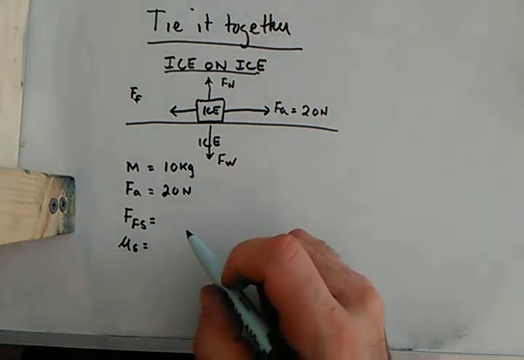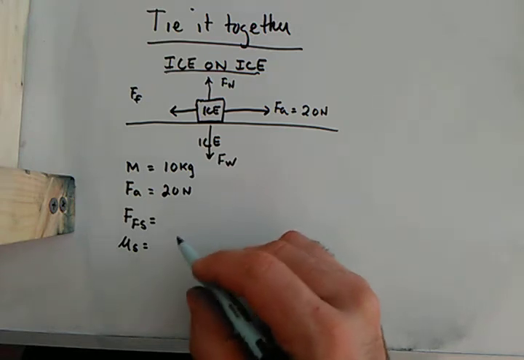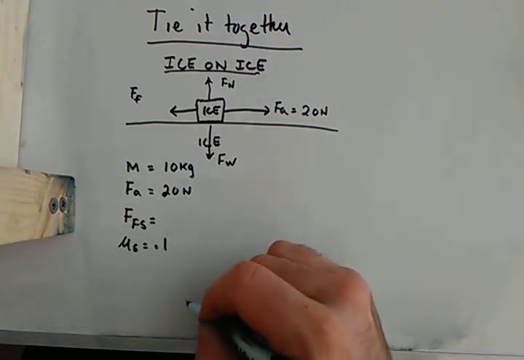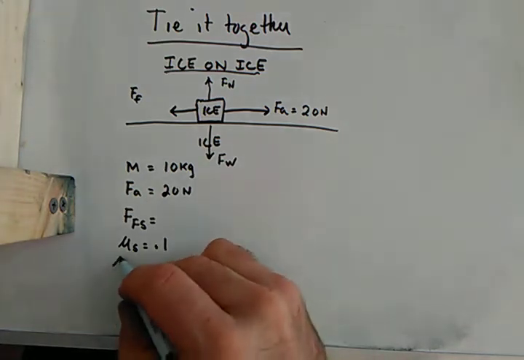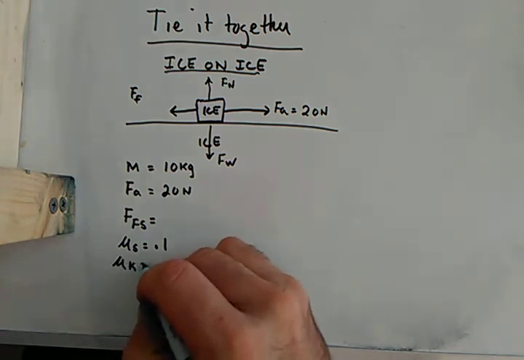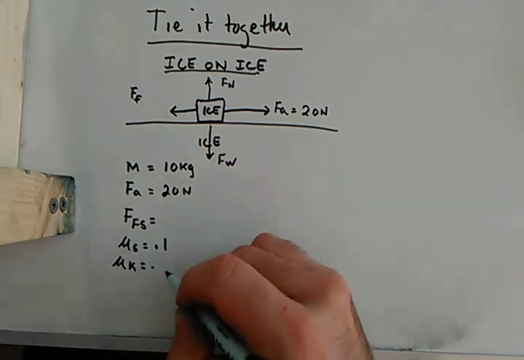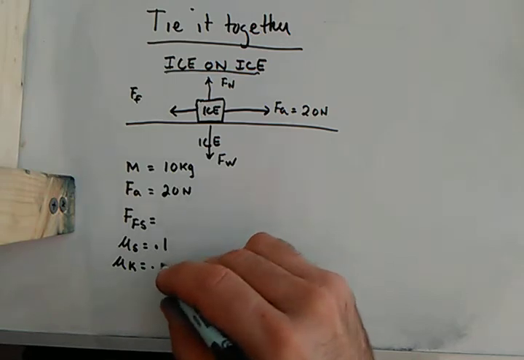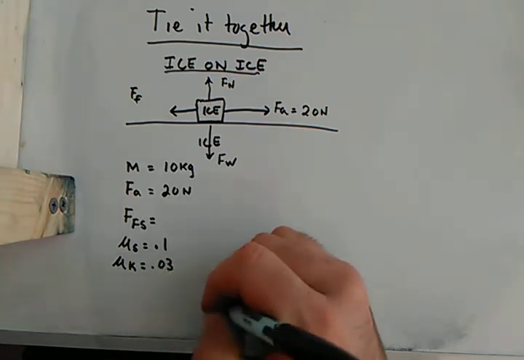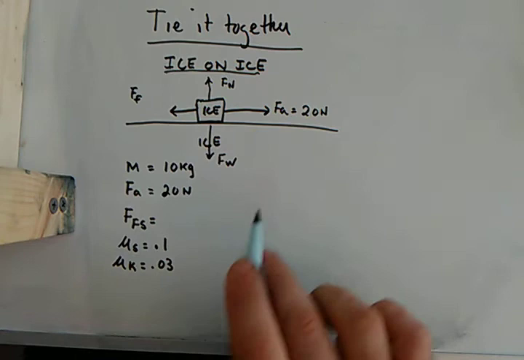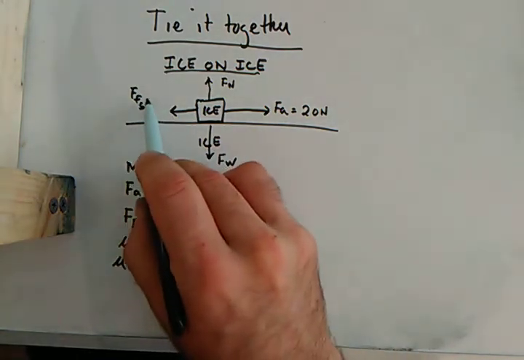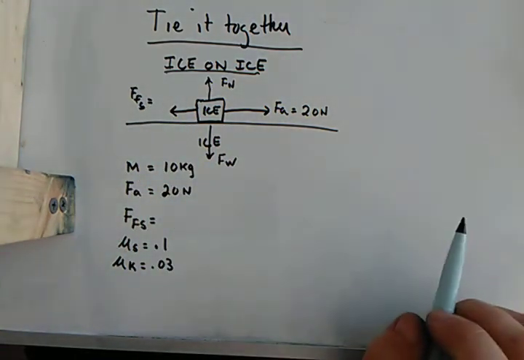So if I look up at my chart, ice on ice, static is 0.1. Now, just because I have it in front of me, I'm going to put the kinetic value too, which we know is going to be less, and actually it's 0.03.